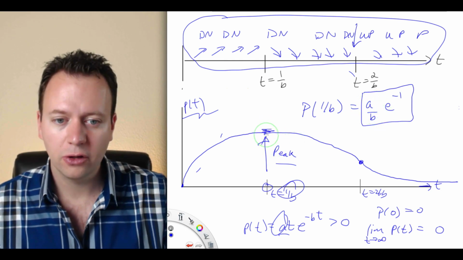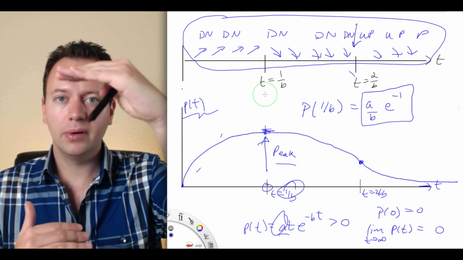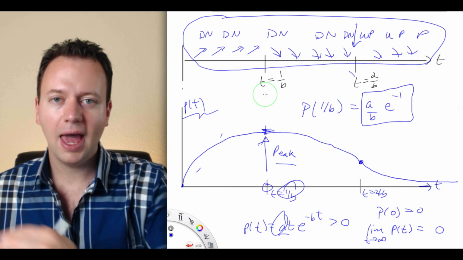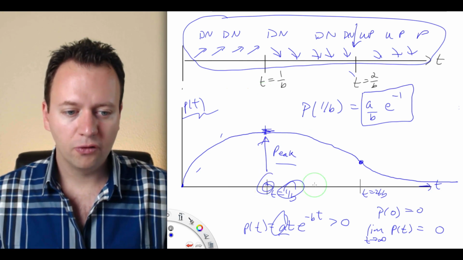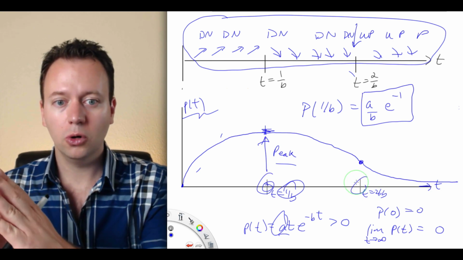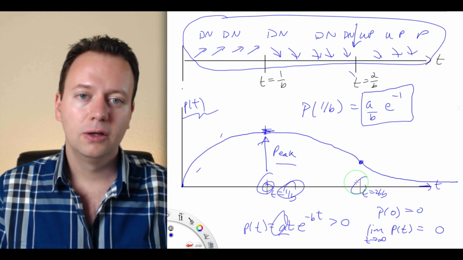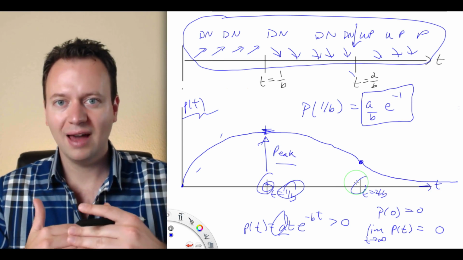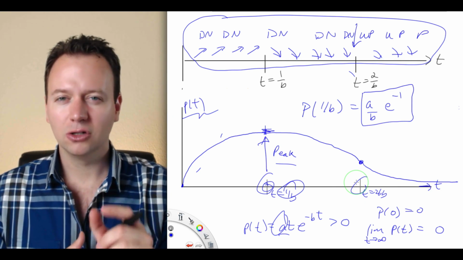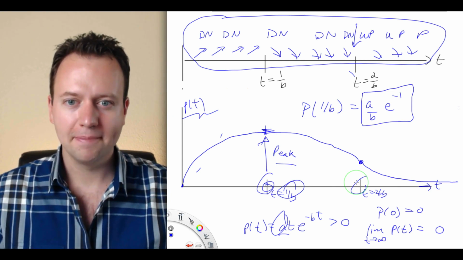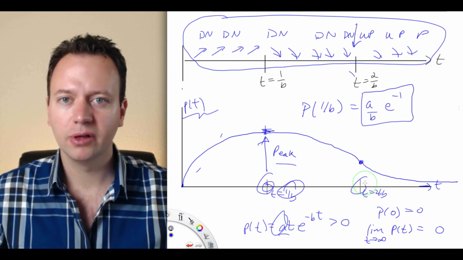The larger the value of a, the greater the jump. So you can create a very large jump and then have it decay off rapidly. For a large value of b, 1 over b and 2 over b are going to be closer to the origin, and for a large value of a, you're going to get a very large jump. For example, if you have a power surge, you might have a very large peak of voltage that then comes down in decay. So you get this large jump over a very short period of time. That's why a function like this might be used to model something like a power surge.